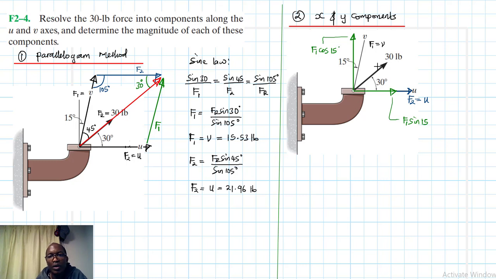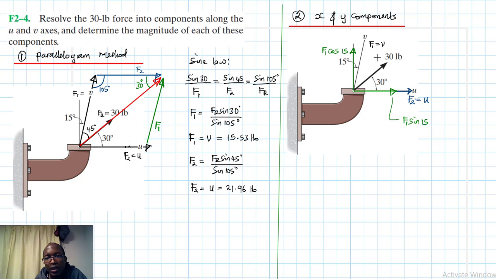Let me just reduce this a little bit. So F1 is cos 15.